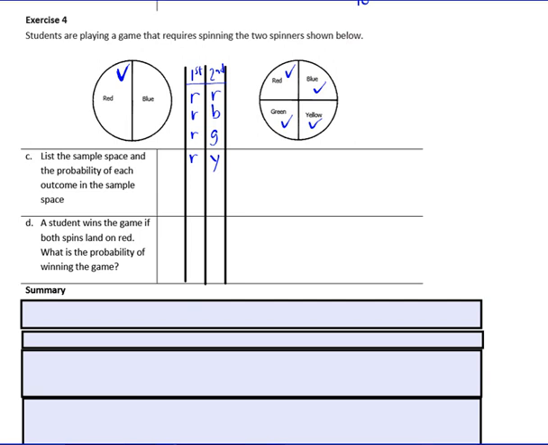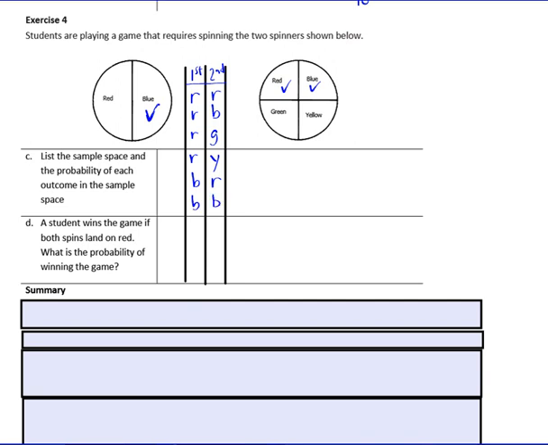Okay, I'm going to erase these and I'm going to start over and repeat the process for if I get blue on the first spin. So if I get blue on the first spin, that would be blue, and then I get red on the second spin. So that combination is blue, red. Then I could also get blue, blue.